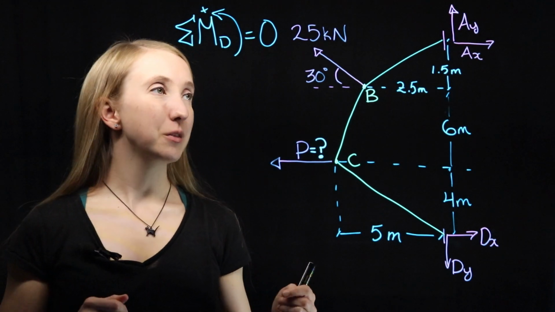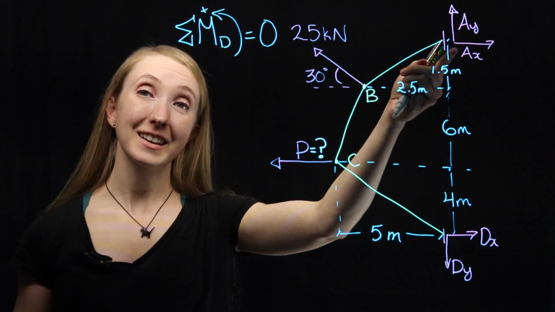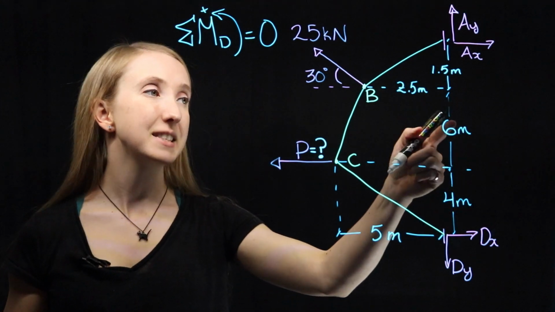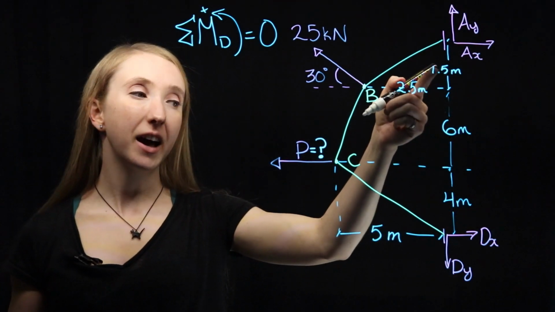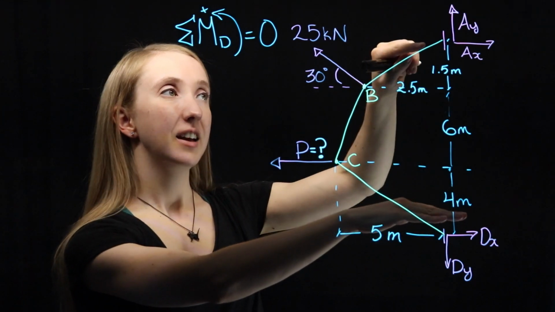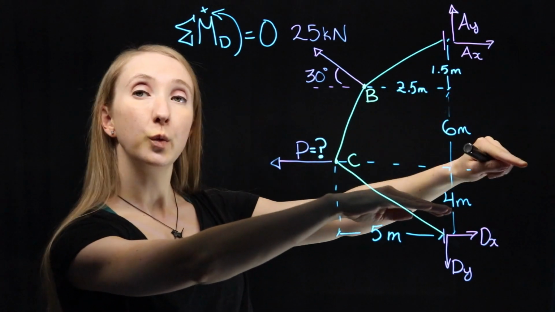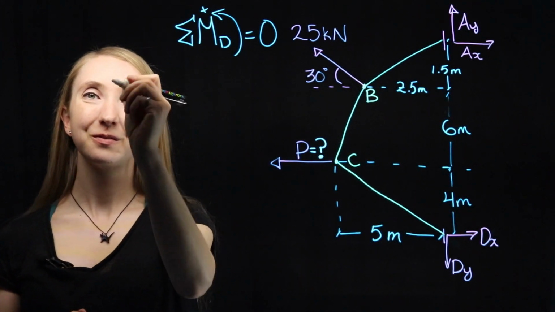So to start, we've got our force AX, and it acts at a distance of 4 plus 6 plus 1.5 meters from D, and it causes a rotation of the system this way, which is negative.